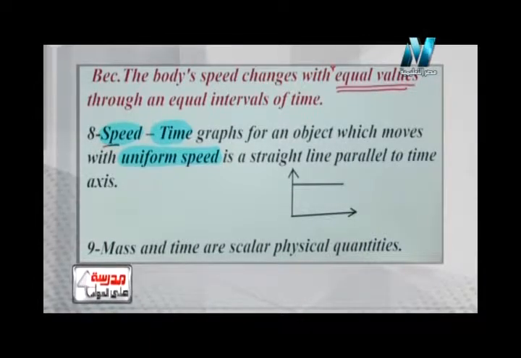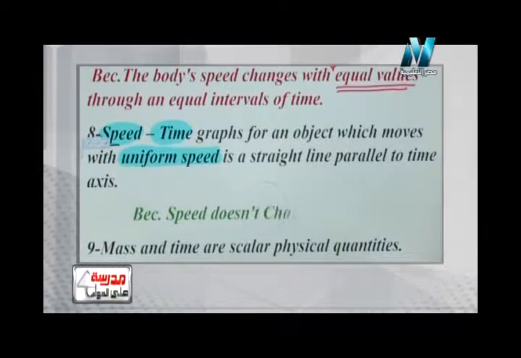Here we have speed S or V, here we have time T, and we have a straight line parallel to the time axis. Why? I will say because, yes, we can answer, dear students, like that. I say because speed doesn't change.